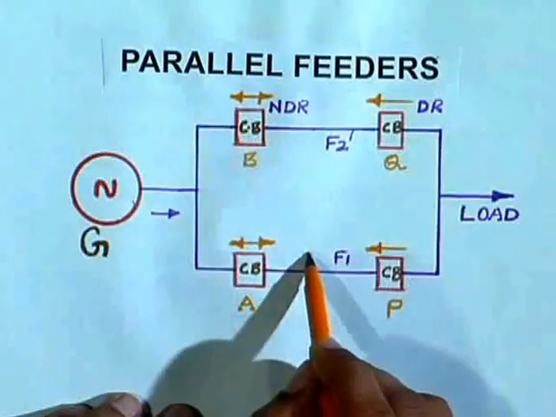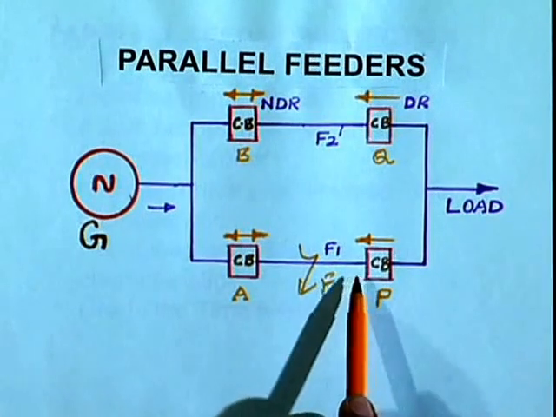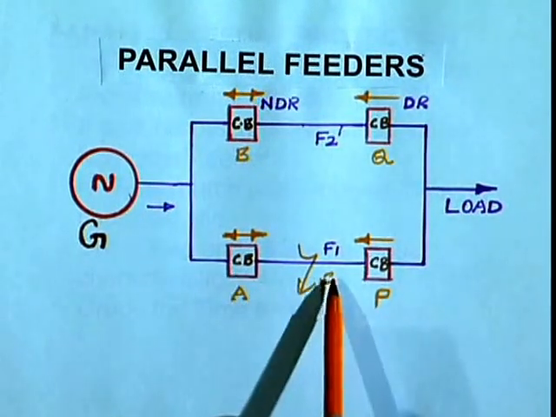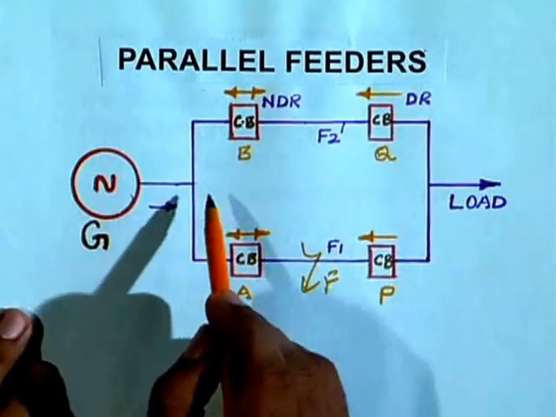Now, from the figure you can see, let us say the fault occurs on feeder 1. When the fault occurs on feeder 1, the current flows in two directions.